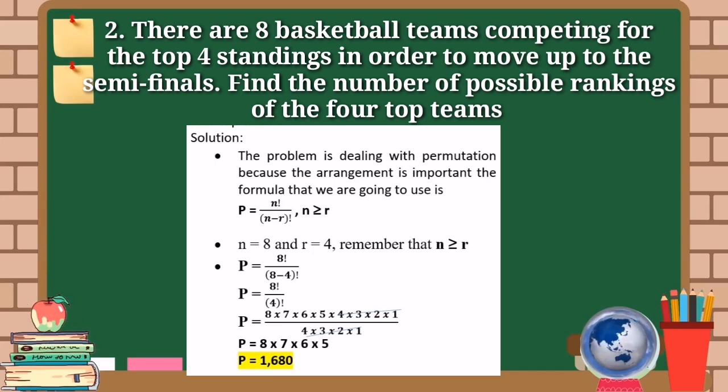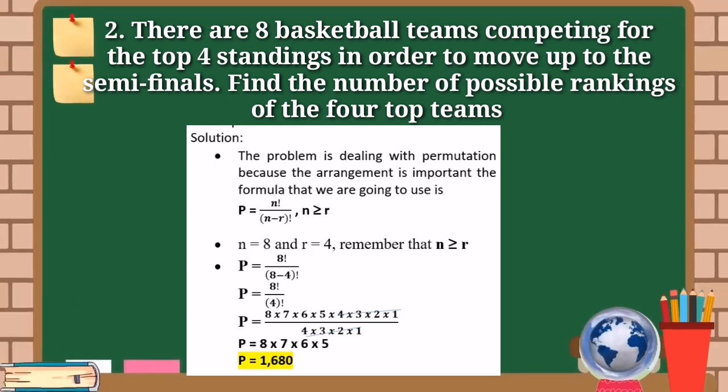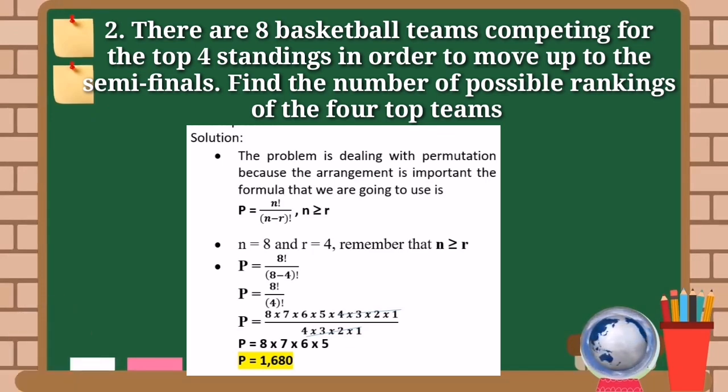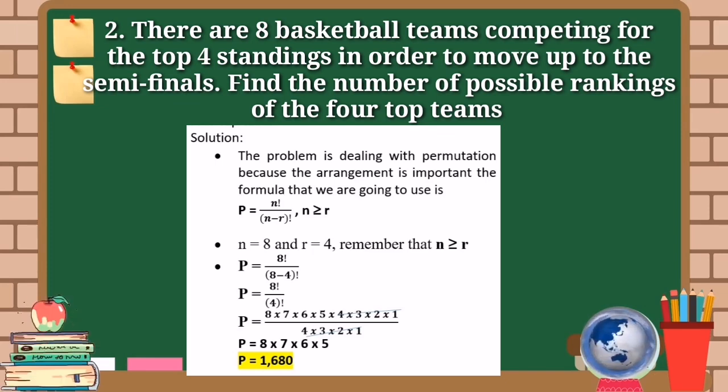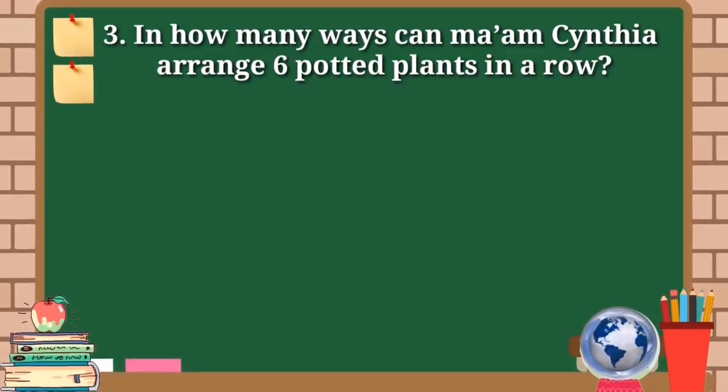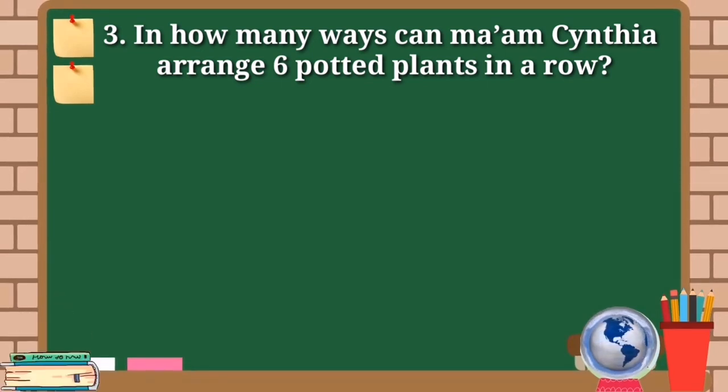Then 4 factorial is equal to 4 times 3 times 2 times 1. So we can cancel both. The remaining is 8 times 7 times 6 times 5. So P is equal to 1,680 ways.